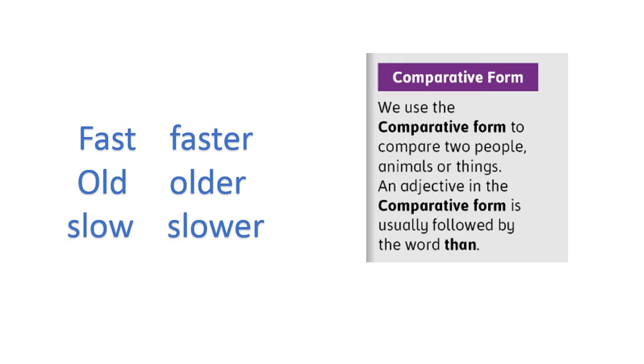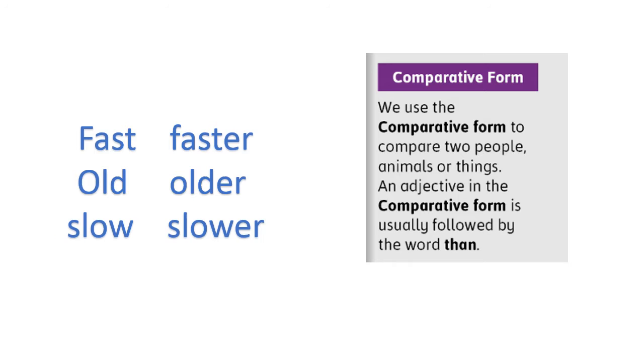Look at these adjectives. Fast, faster. Old, older. Slow, slower. This we call the comparative form. We use the comparative form to compare two people, animals, or things.